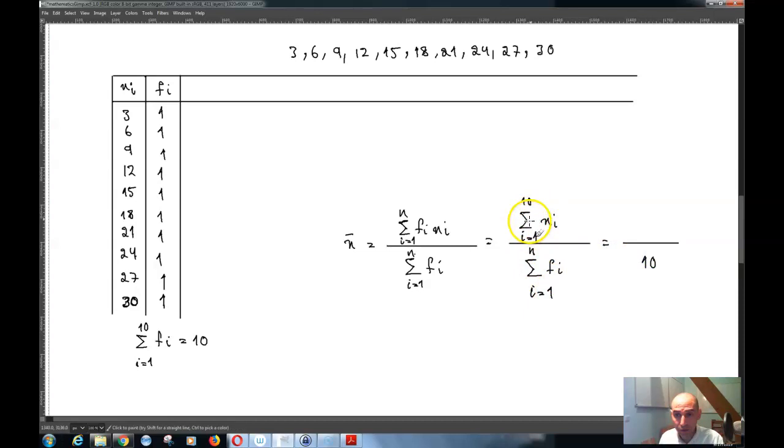And your sigma x of i as i goes from 1 to 10 is basically the sum of these numbers, which you can calculate that way, or you can use the idea of arithmetic progression in order to find the sum of these numbers.